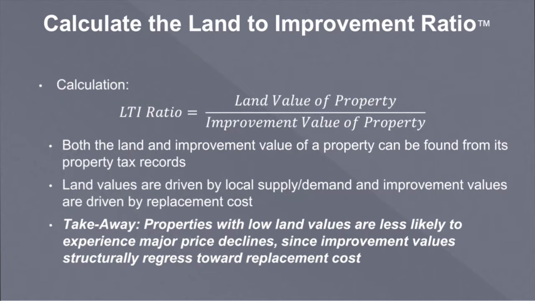At the highest point, I think the value was about $1.3 million. And when the value peaked, I think that my estimate of LTI ratio was that the improvement, the house sitting on the land, was about $200,000, maybe a little less than that, and the land was about $1.1 million.